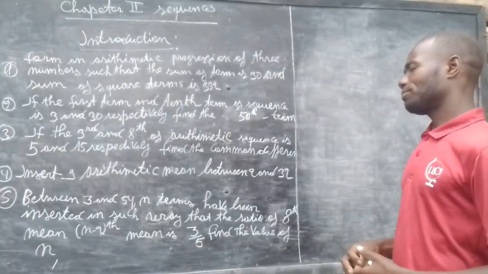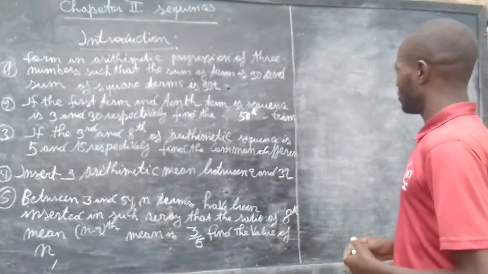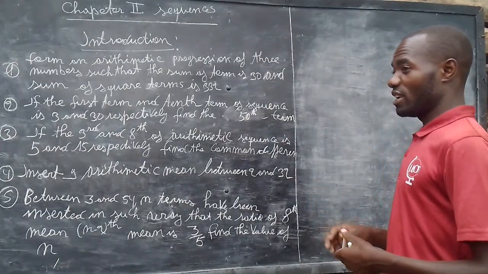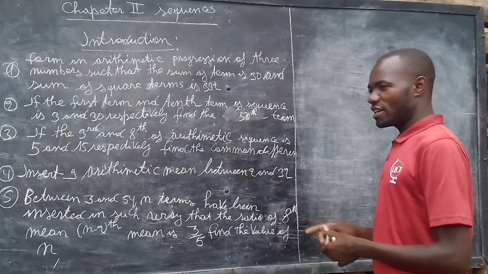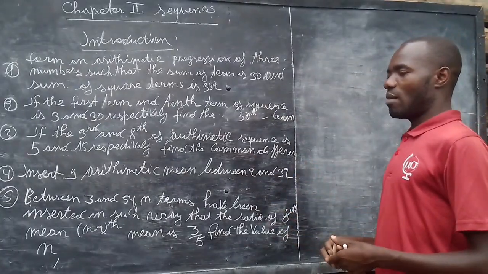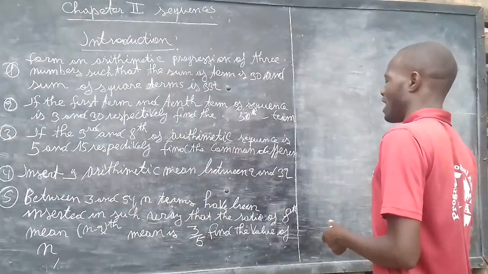So here we are asked to form an arithmetic progression. An arithmetic progression is a sequence of numbers that follows a pattern, allowing us to add a fixed number from the first term to the next term.